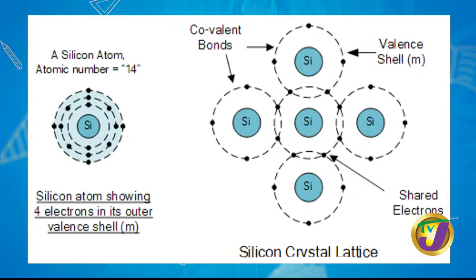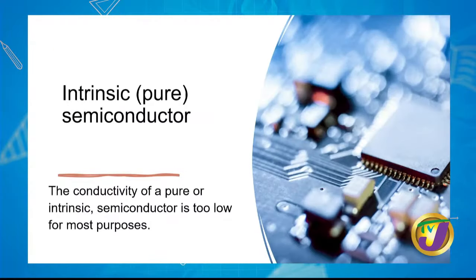So when you zoom in, you notice there that covalent bonds are identified. So we have 4 electrons on its outermost shell, but the one that is in the center is picking up 4 electrons from its neighbors. And that is what covalent bonding speaks to, the sharing of electrons.